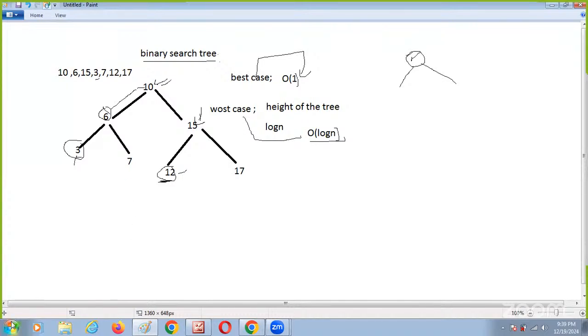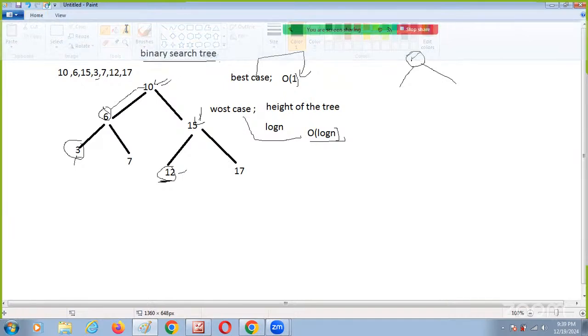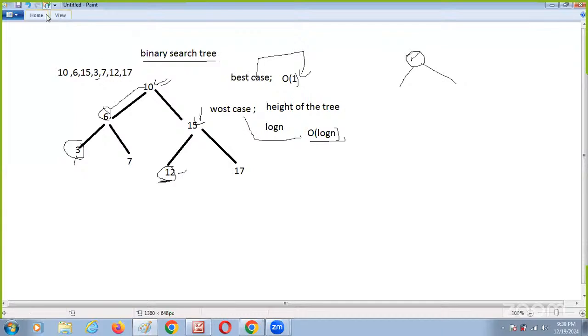Now I will go for one more tree. Let me draw one more tree.